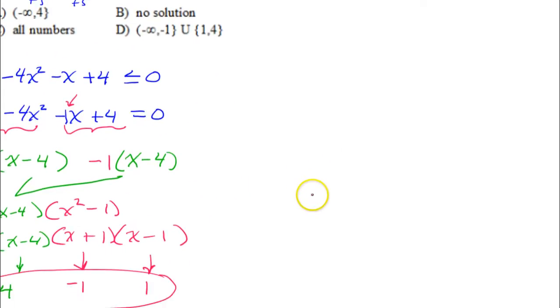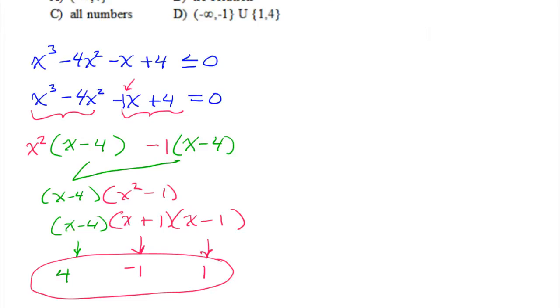Those will form the x-intercepts, which I will need to now plot on a number line. So I'm going to make a number line with these border points, these critical values. Alright, so let's say here, here, and here. So I'm putting them in order so that this would be negative 1, this would be positive 1, and this would be 4.